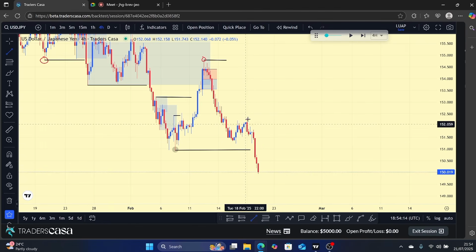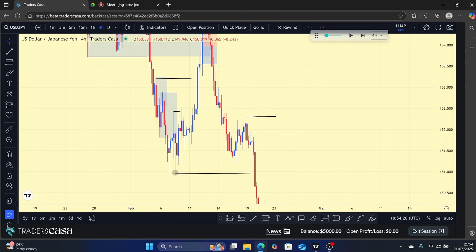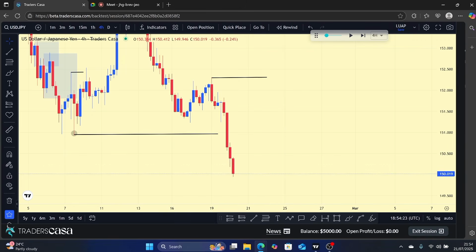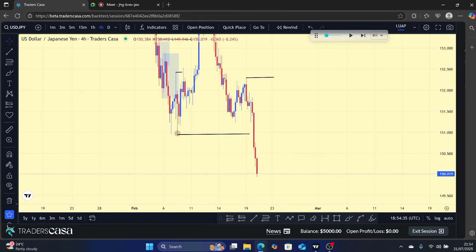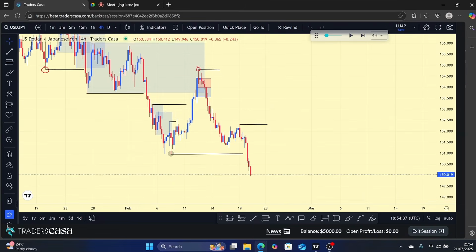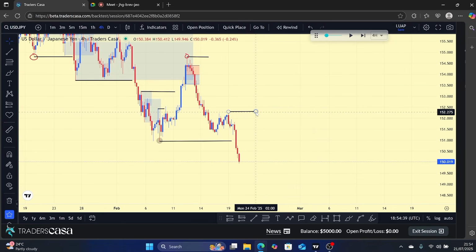So this here is our minor inducement. Why minor? Because you can clearly see that's the low, and this candle, this dragonfly doji, didn't break past this low. So that maintains the recently formed valid pullback to be this one here.